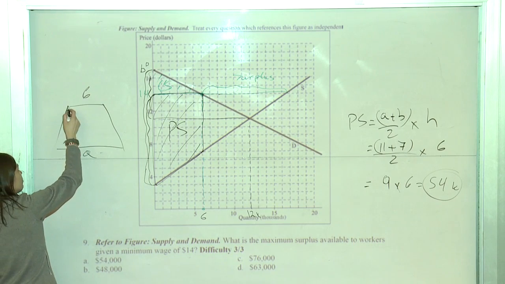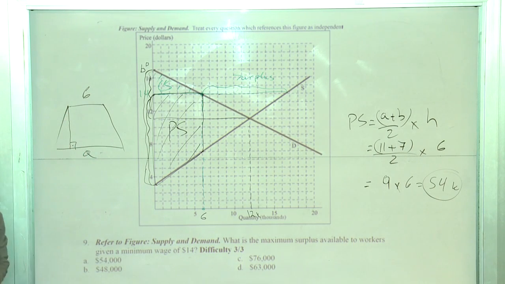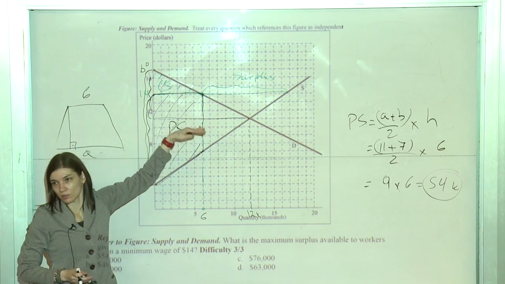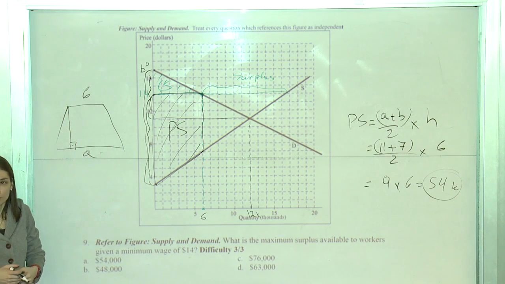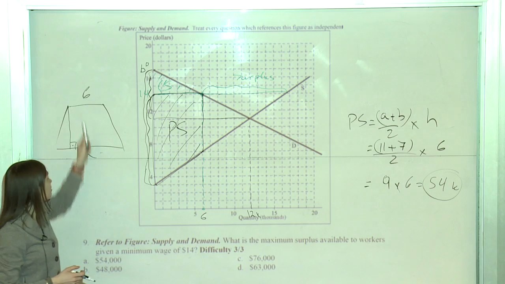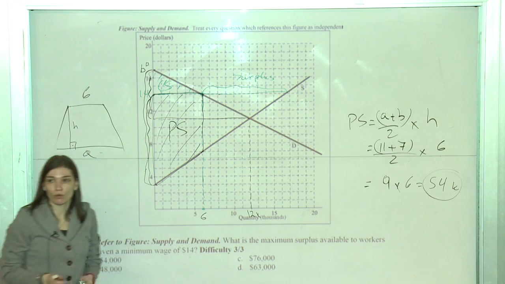The distance between them is the height, and in this case we have that distance because one of the angles of this trapezoid is a right angle. Does that make sense? So A plus B, and this is H. A plus B divided by 2 times H is the formula for area.